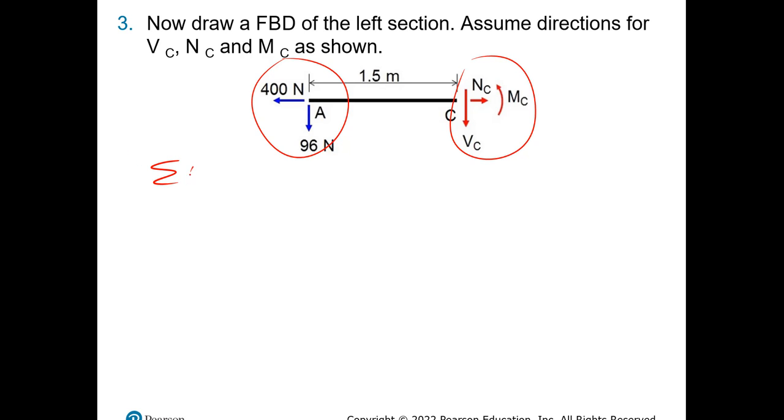So sum of forces in the X direction equals 0, and I have in the X direction my normal force minus 400 here, and that equals 0. So normal force will be equal to 400 newtons.